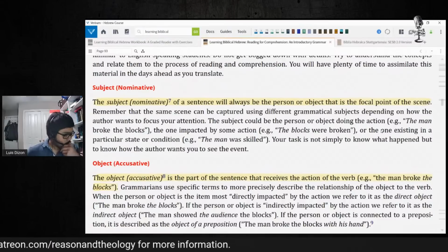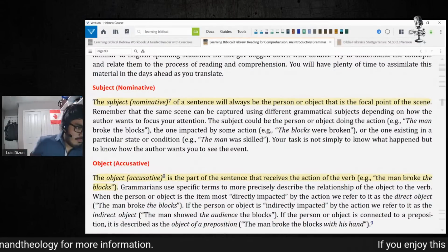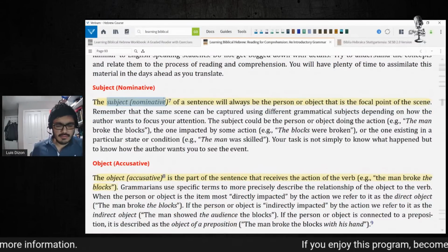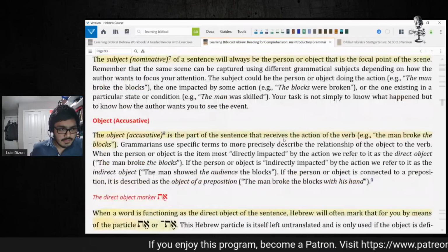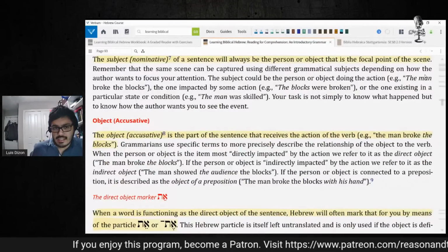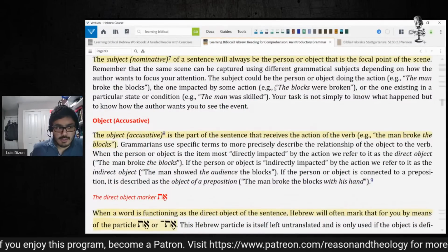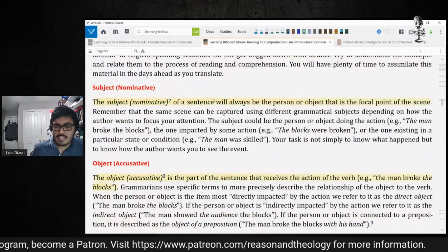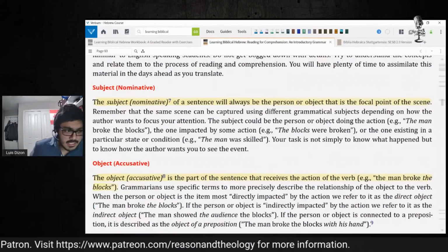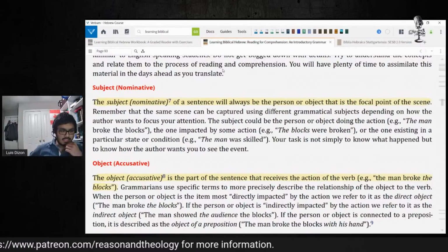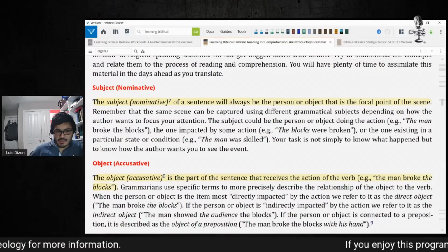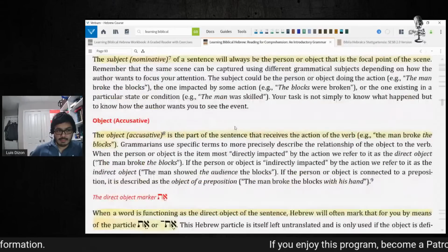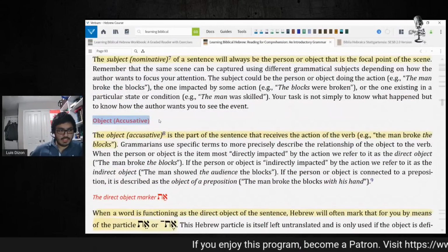So a nominative noun would be a noun functioning as the subject of a sentence. So if I say the man eats, the man is the subject and eats is the verb. And if we say the man eats the bread, bread would be the object or the accusative.